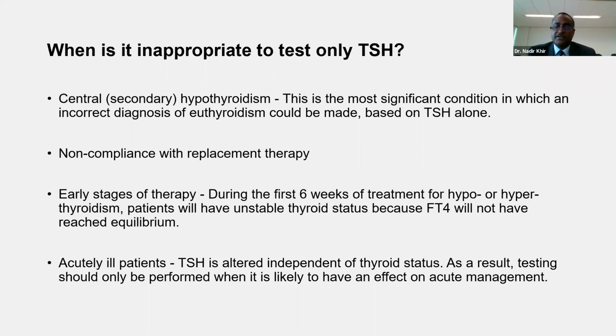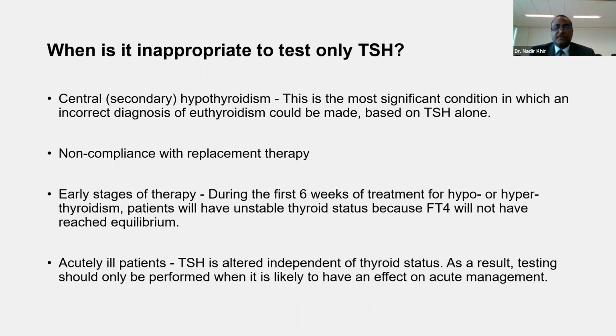We give levothyroxine as a hormone replacement therapy. So you're missing some of your thyroid hormone, and we give it to you as levothyroxine. So if the patient just took it a few days before the visit, the T4 will show high in the blood, but the TSH will be low or show only little change. So you have to look at both the TSH and T4 for non-compliant patients.